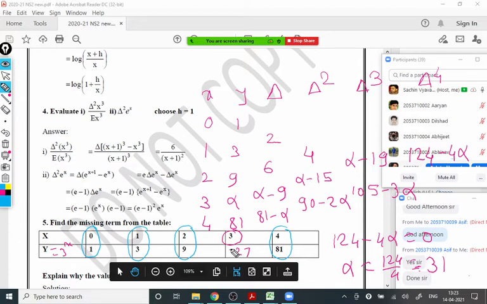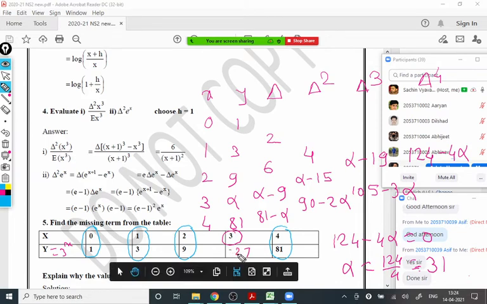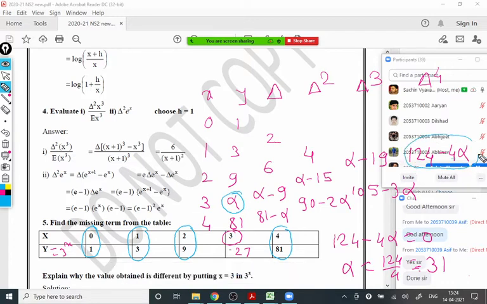So no need to remember all these parts. Generally you should remember a simple thing. Whenever you have to find the value of one constant like alpha, equate the last number to 0. When there are two missing values, say alpha is missing and beta is also missing, then as we have to find two constants, equate the last differences to 0.